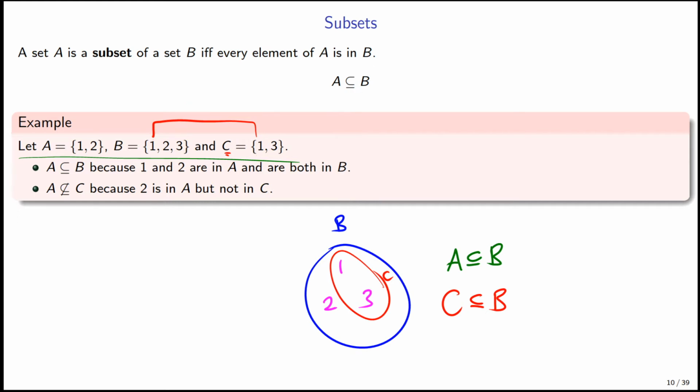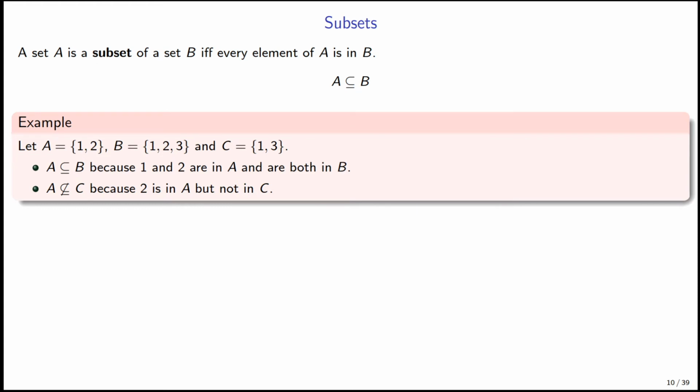Now, I want to focus on just A and C at this point. So let's get rid of some of these things. I'm just going to write out our elements here, 1, 2, and 3. Now A contains 1 and 2, so let's do that in blue. Here's A. C contains 1 and 3, so let's do this in red.